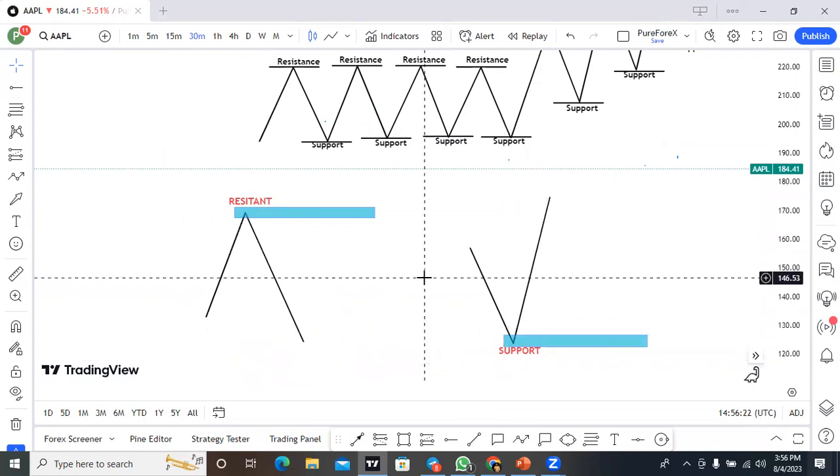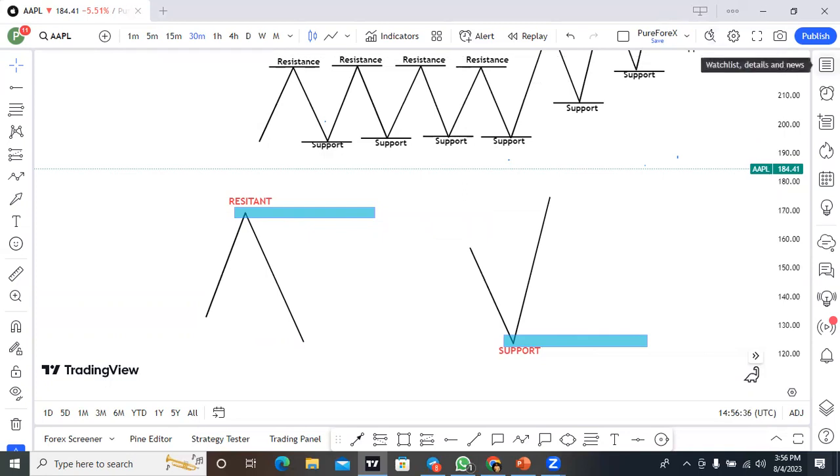This is the technique we use to identify a strong support and a strong resistance on the live chart. Without wasting your time, because I don't want this video to be too long, let's go to the chart and show you how to identify strong support and strong resistance.